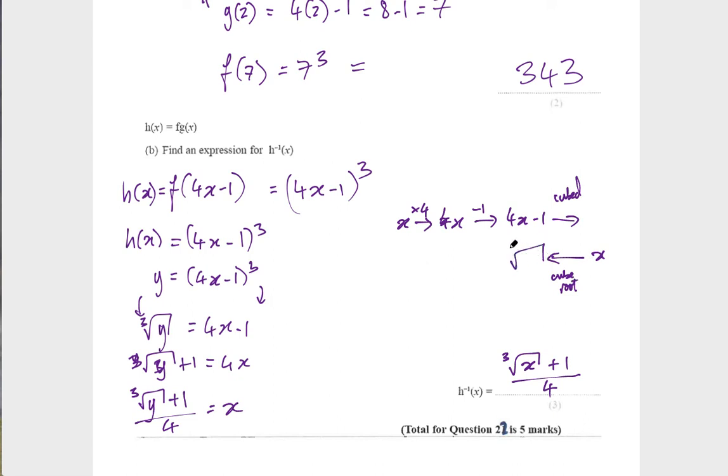So that gives us the cube root of x. Then 1 was added, so you get cube root of x plus 1. And then the inverse operation was divided by 4, that gives us exactly the same answer, cube root of x plus 1 over 4. And that is the end of the paper.